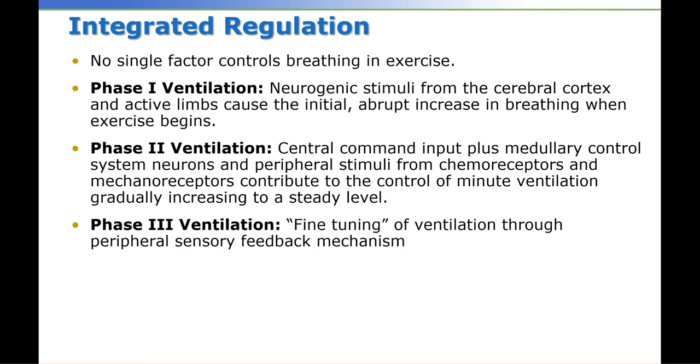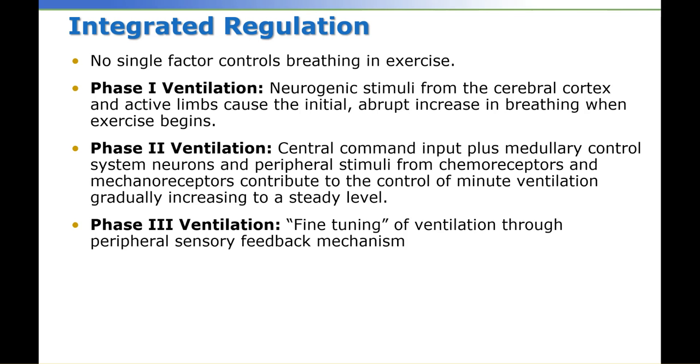Integrated regulation: no single factor controls breathing in exercise. Phase 1 ventilation is neurogenic stimuli from the cerebral cortex and active limbs, which cause the initial or abrupt increase in breathing when exercise begins. So you see, you have active limbs, things like that, that cause phase 1 ventilation. Moving takes place, and then ventilation begins relative to that, to make up for that.